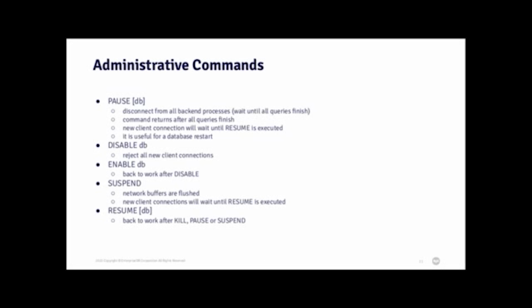It's a command that flushes the network buffers, and then new client connections will wait until we resume. And resume works for all of these commands: kill, that I will mention in the next slide, pause, and suspend.